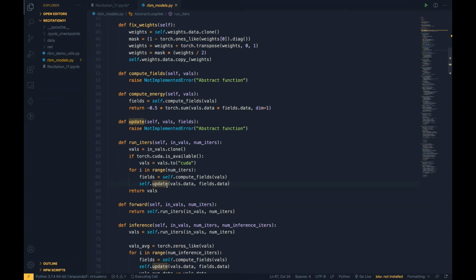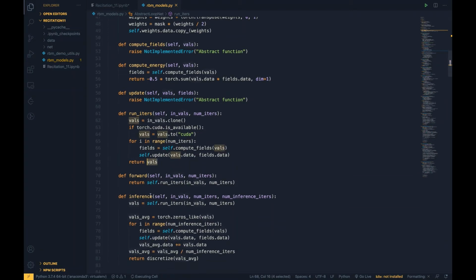And the run iteration, namely it runs the model for a few iterations and returns the values. For each iteration, it computes a field and updates the values, and then it returns the values.